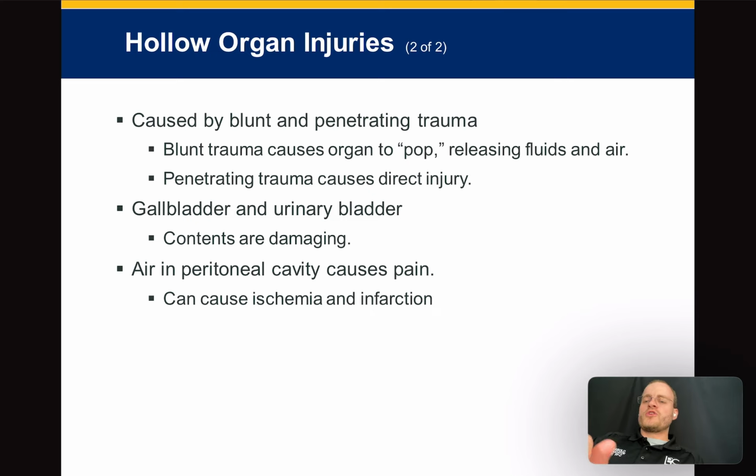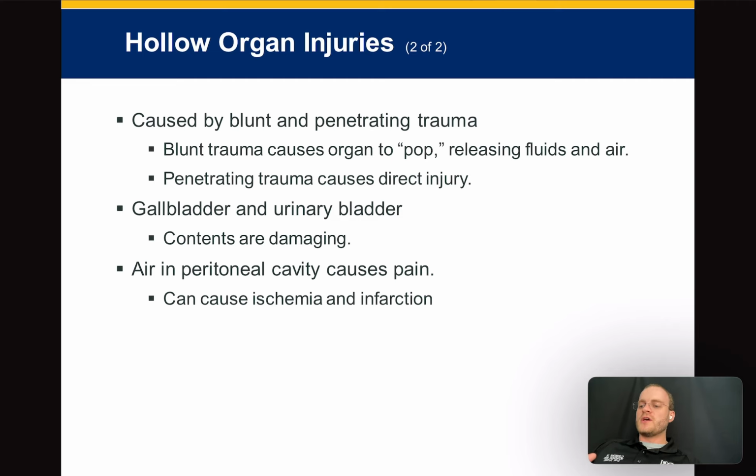And so when you have rupture of a hollow organ caused by blunt or penetrating trauma, the organ will kind of pop, right? It's like it's opening up, it's popping, and it's releasing the fluids and air into the peritoneal cavity, and so that will cause peritonitis. And so penetrating injuries cause a direct injury, but a blunt injury, like being hit by a car or a baseball bat to the abdomen, can pop due to the sudden pressure increase, like a balloon.